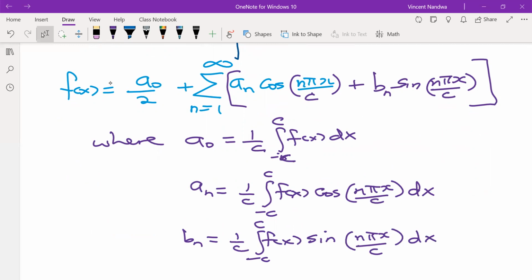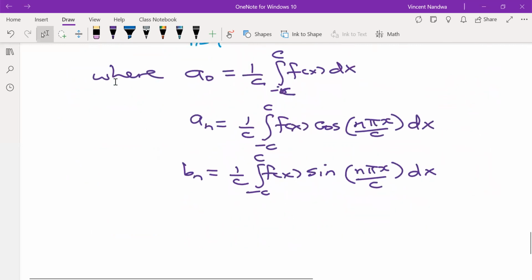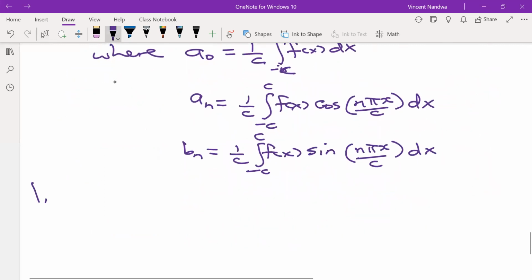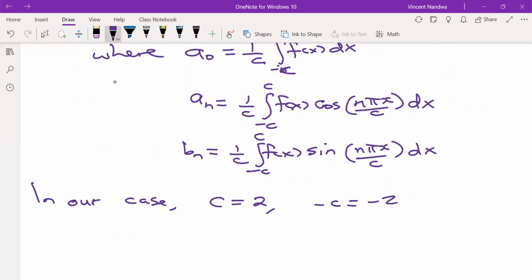This is by definition the Fourier series of a function defined from minus c to c. Now, in our case, c is 2 and minus c is -2.